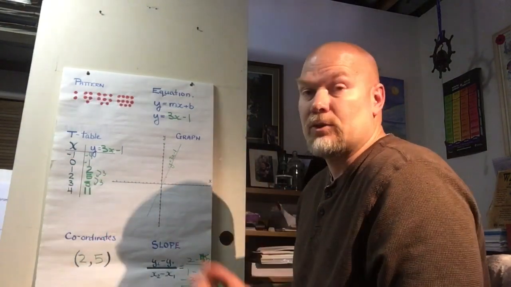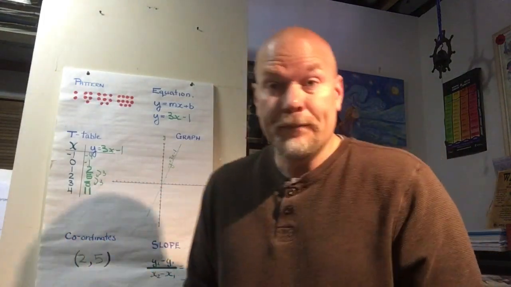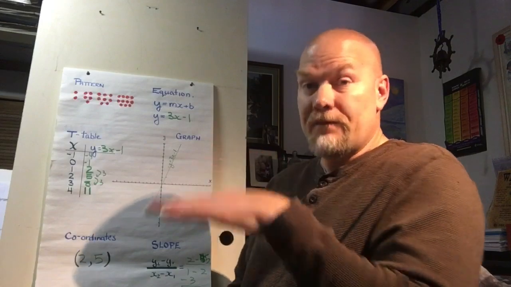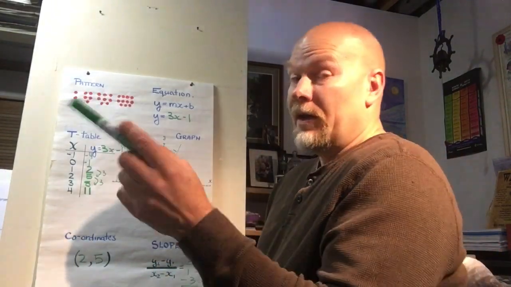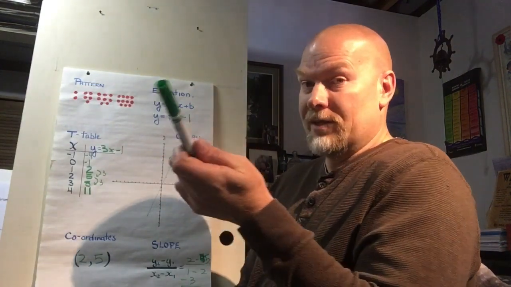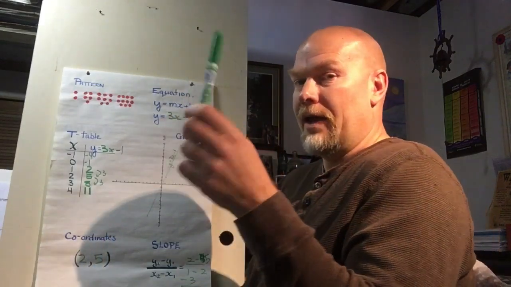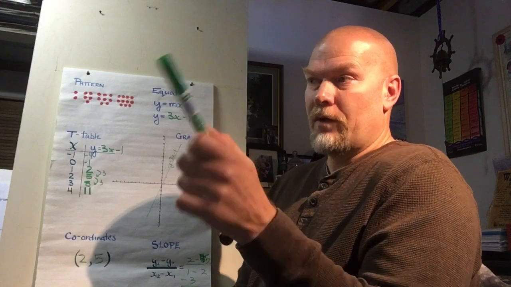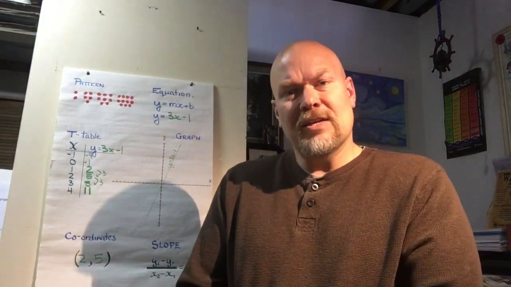So a slope of 1 means for every 1 meter over, you go 1 meter up, which is a 45-degree angle. A slope of 2 is for every 1 meter over, you go 2 meters up, which is a 60-degree angle. And a slope of 0.5 is a 30-degree angle, right? So for every 2 meters over, 1 meter up, that's 0.5. So that's how you're able to do those.